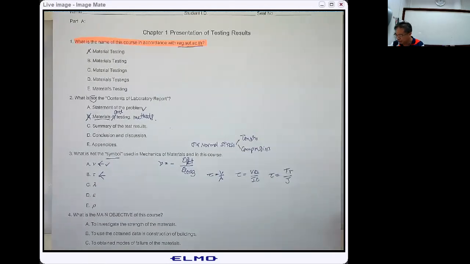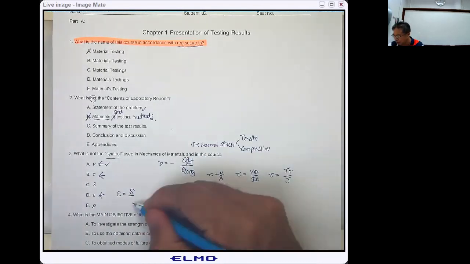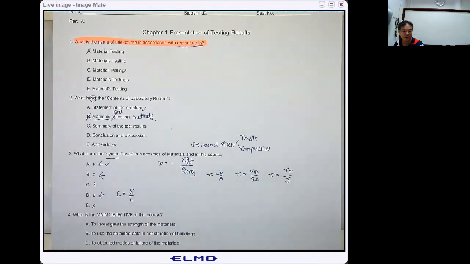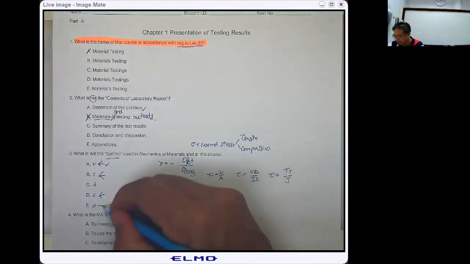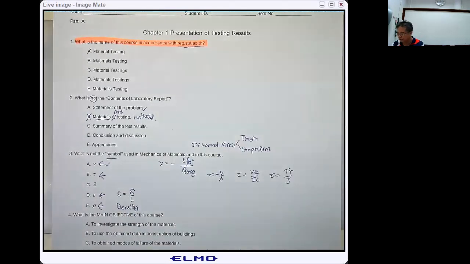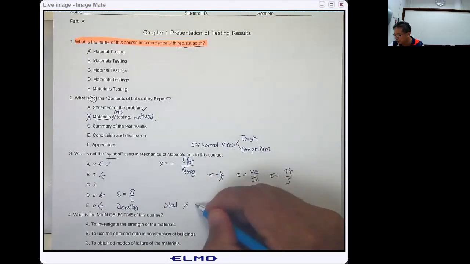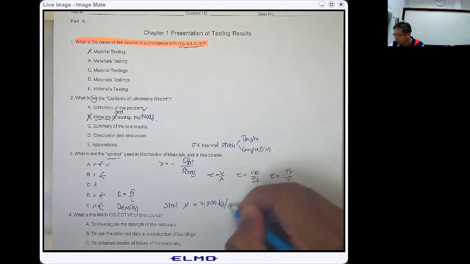And then we come to this. This is going to be the normal strain, and we have the normal strain equal to delta divided by the length. Okay. And this is what? This is going to be the density of the material. For steel, we have the density of what? The density of steel is equal to 7,800 kilogram per cubic meter.